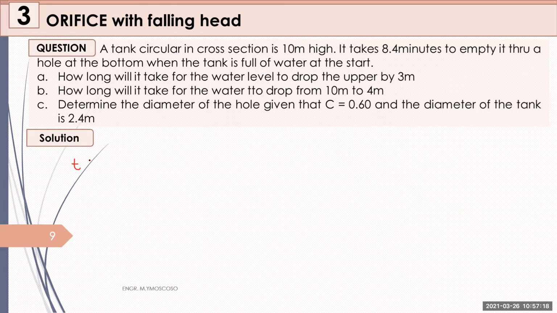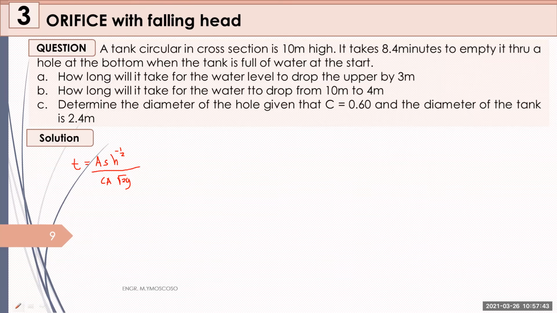You have T equals 2AS times H raised to negative 1/2 divided by CA square root of 2G. The problem is we have no area for the tank and no area for the orifice. That is why we will create a new variable.